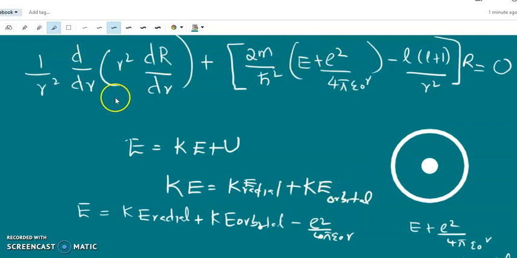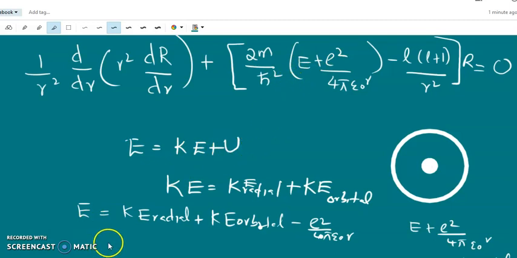But this equation should depend only on the radial kinetic energy, so we have to omit this term by certain substitutions. So substituting the value of energy as kinetic energy plus potential energy.